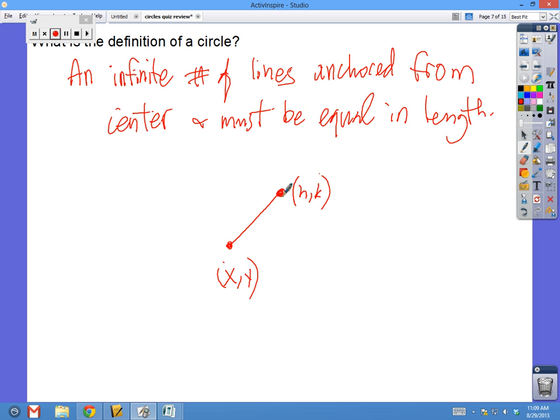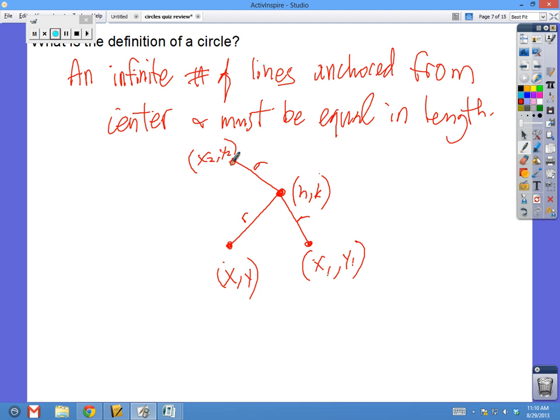But if you take off again and go the same distance, r, whatever r is, it's not the same x and same y. It's a different one, so it's got to be x1, y1. And if you have one coming off here that's the same distance, r, it's an x2, y2.